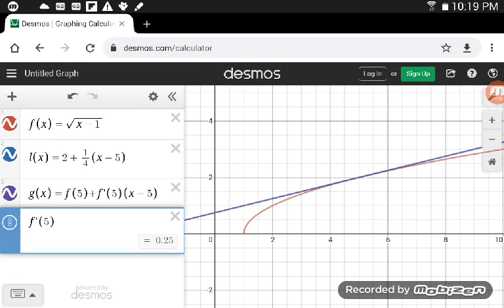But I can't get a hold of that fraction thing with my stylus for some reason. But if you hit that little fraction bar, I think it'll give you the fraction 1/4, which is pretty cool. But there you go. And so we've completed exercise 30.